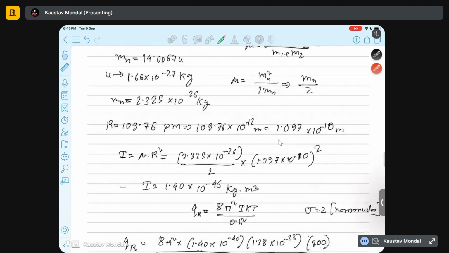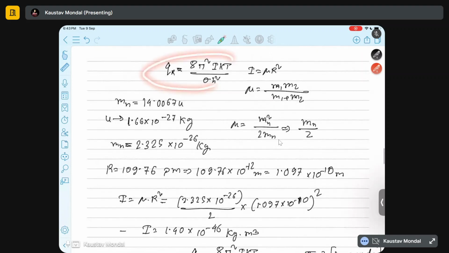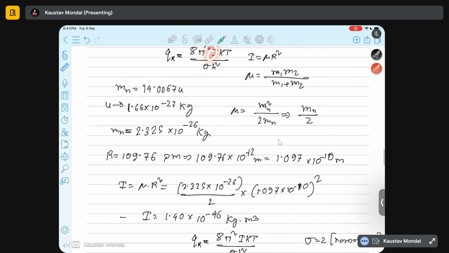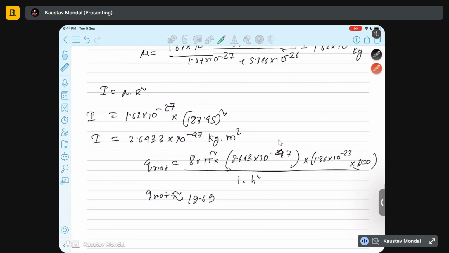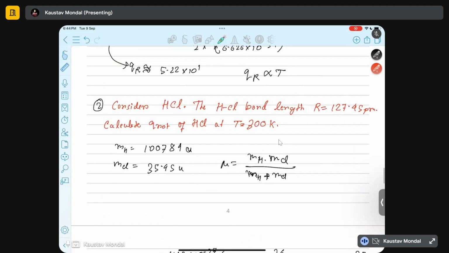And because in the expression of QR there is I, from mu we calculate the I, and then theta and sigma. The sigma here is the symmetry number, okay. Like for the previous problem, for water, the sigma was 1.